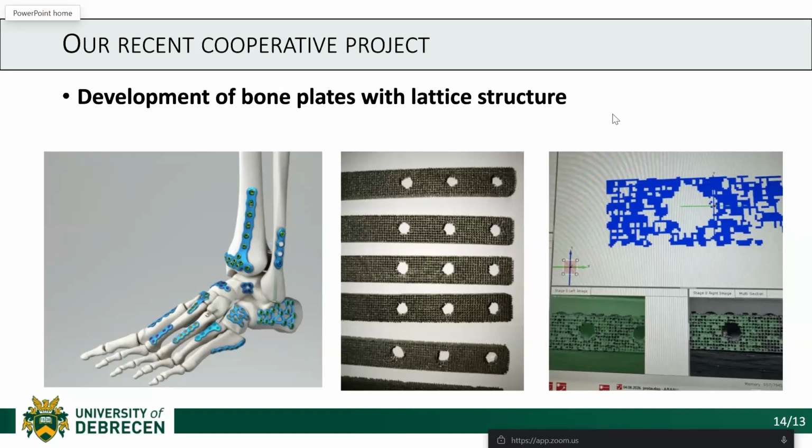But in some cases, it is better to leave these implants inside the body, and in these cases, it would be useful if the structure of the implant could be a lattice structure, so the osseointegration, the bone growth, can be realized. So we made some specimens, and we faced the above mentioned problems, like the geometrical problems.